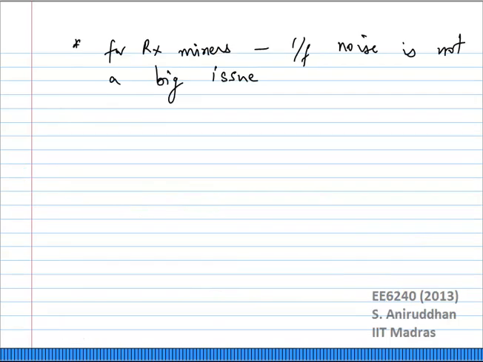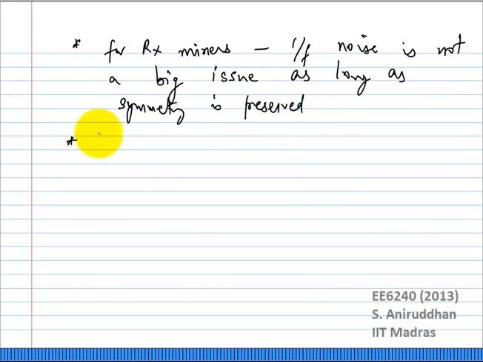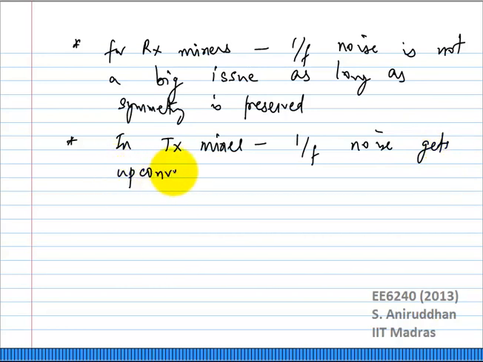So it's not a big issue as long as symmetry is preserved. One over F noise in the TX mixer gets upconverted to RF. So it is an issue. Okay?